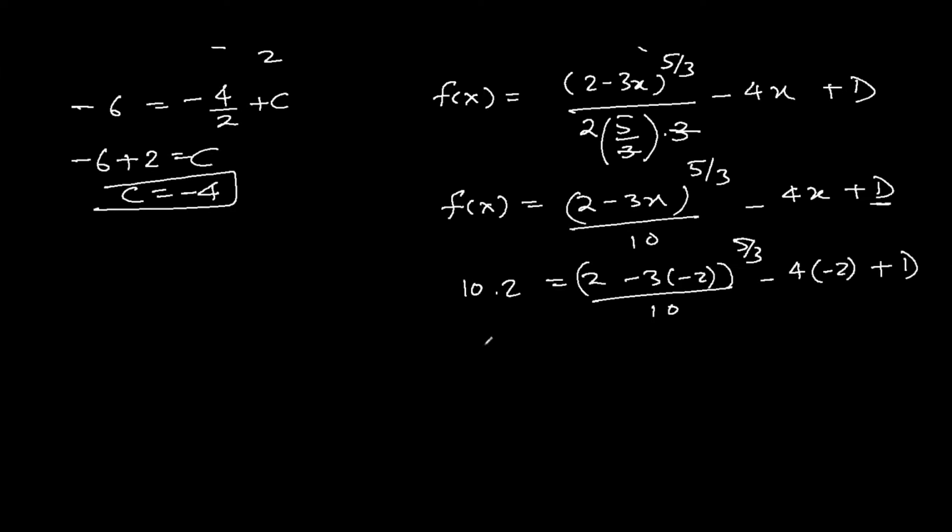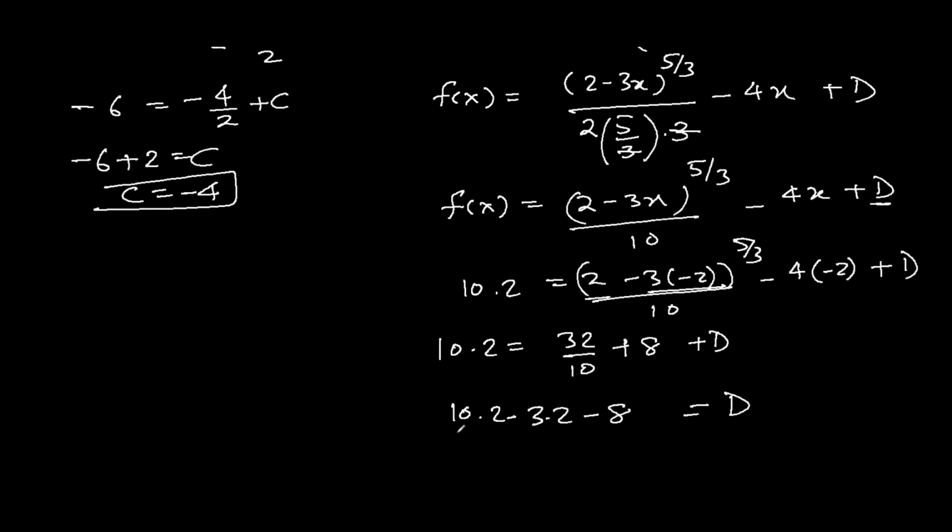Everything is known to us, so we can evaluate it now. 10.2 equal to, this is again 2 plus 6, 8 to the power 5/3 will be 32. By same logic what we did earlier, minus plus rather 8 plus d. So keep d here and everything comes here. 10.2 minus 32 divided by 10 will be 3.2, and this 8 will be minus 8. 10.2 minus 3.2 is 7 minus 8 equal to d, which is minus 1.